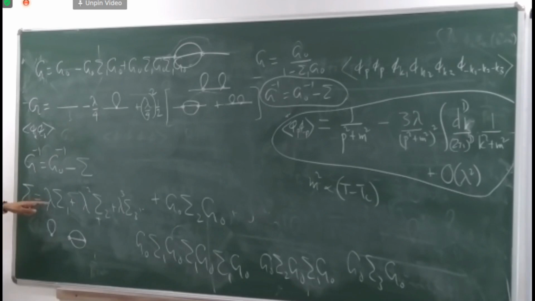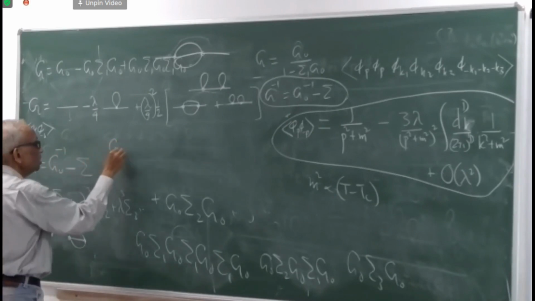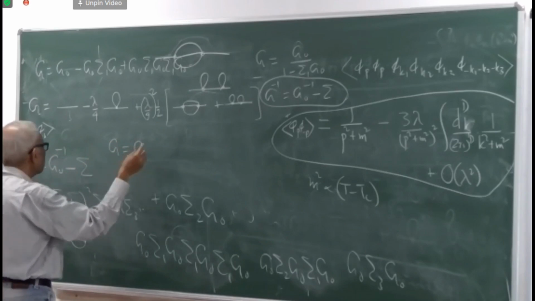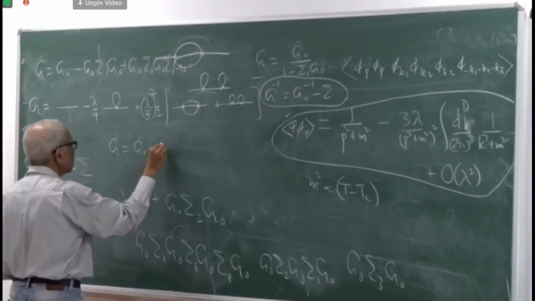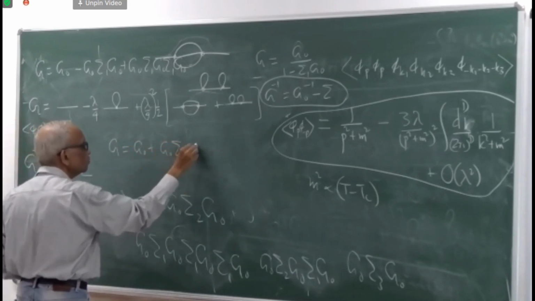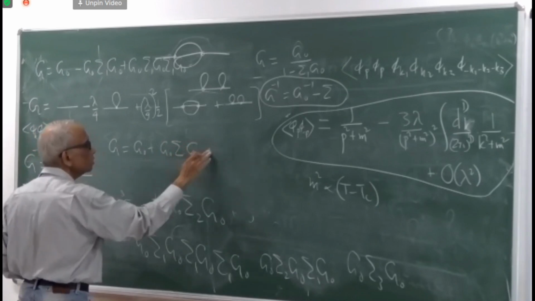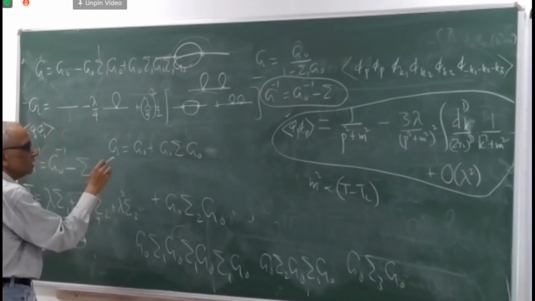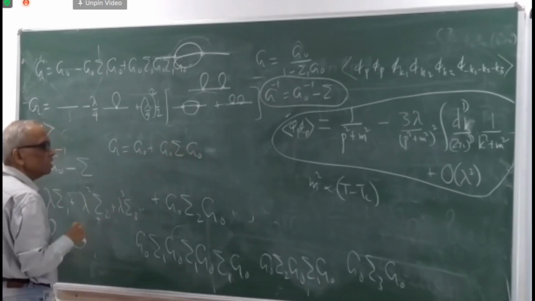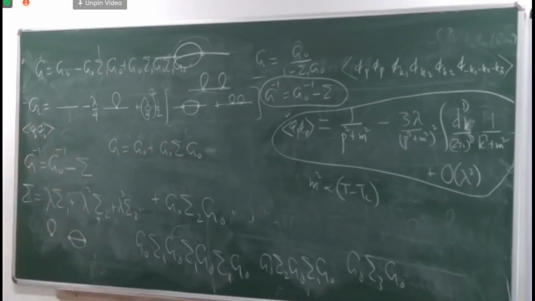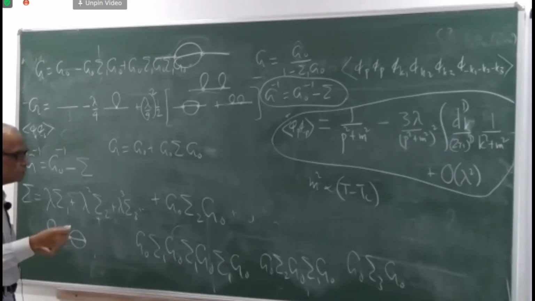Now when you expand, G is this, which means that G is G0 plus G0 sigma G0, and that sigma has everything in it.